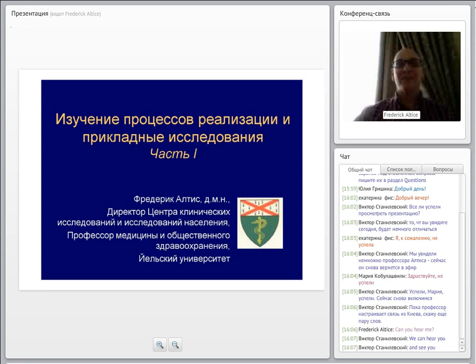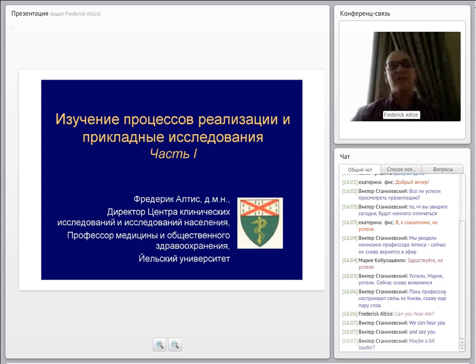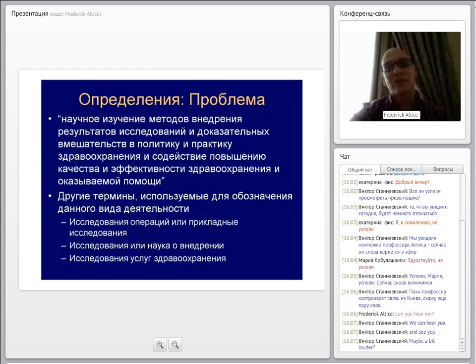We're going to have a presentation today on the issues of implementation science and operations research. I'm going to try to work my way through the technology to see if I can get this together. But let me first start out by saying that implementation science and operations research have a lot of different definitions, and many people interpret them to be the exact same thing.